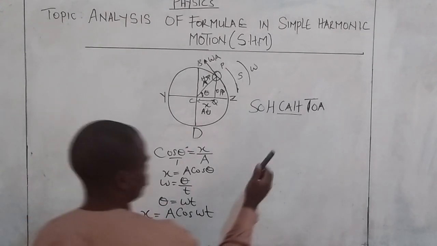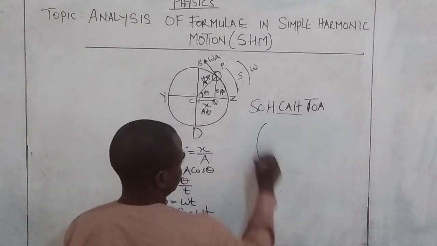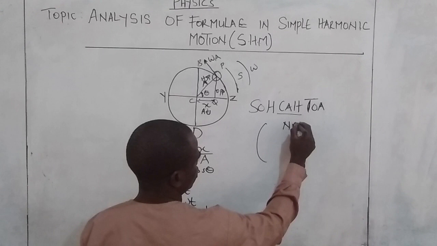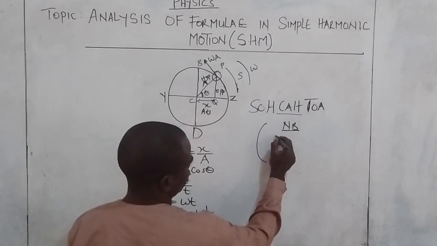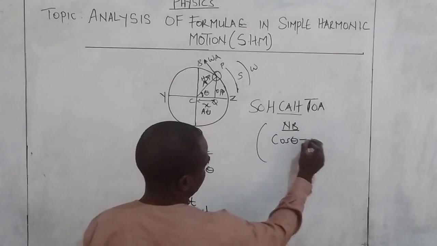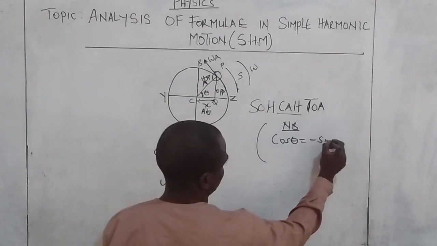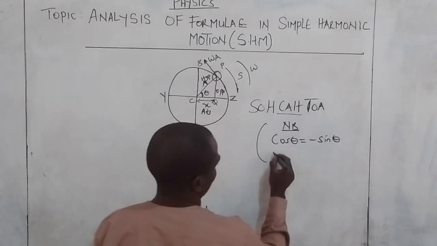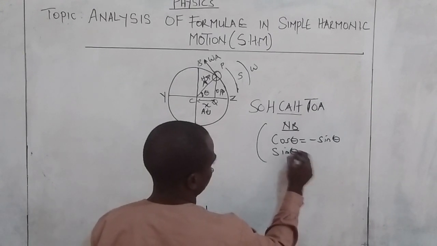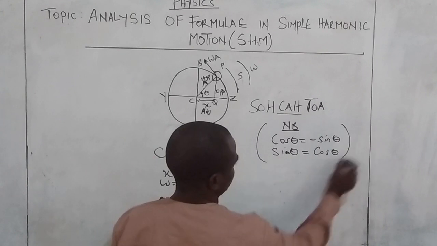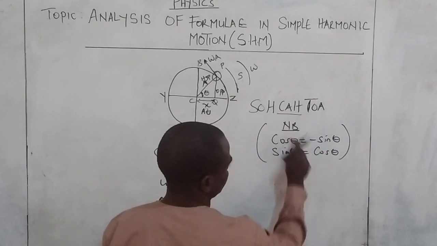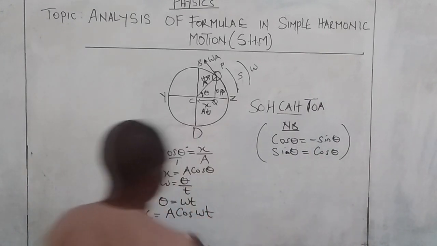Don't forget that we have some things you must take notes of. Take notes, please. When you are differentiating cos theta, you have minus sine theta, and when you are differentiating sine theta, you have cos theta. There's a negative here, but when you are differentiating sine, there's no negative.